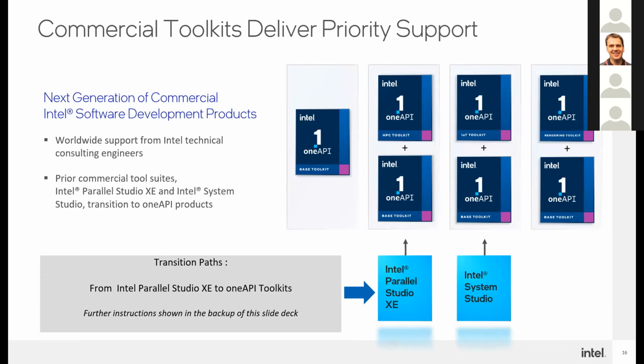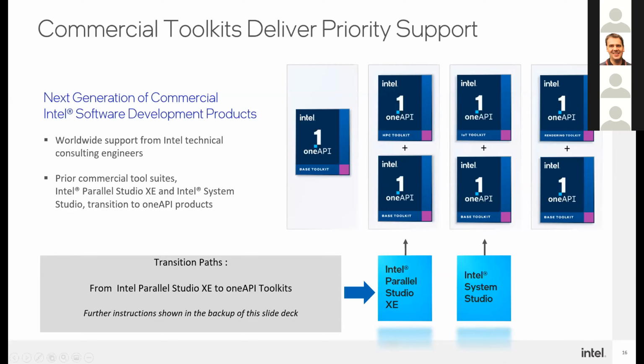Again, maybe another eye chart. I will talk to the individual components on some of the follow-on slides. So there's a base toolkit, there's an HPC toolkit, there's an embedded toolkit, there are rendering toolkits. I'm going to say a few additional words about it.